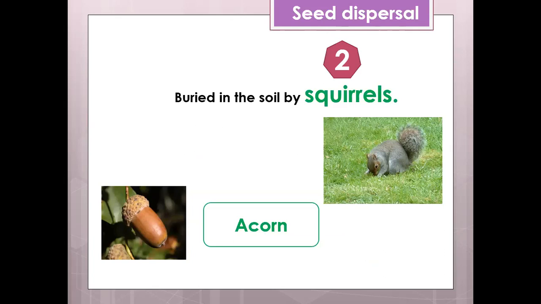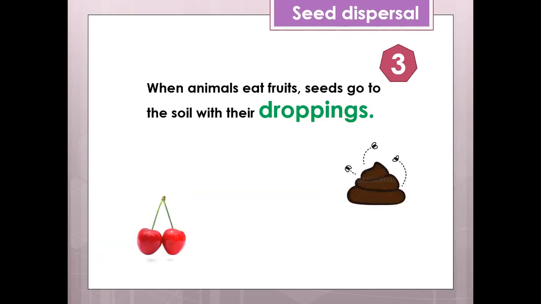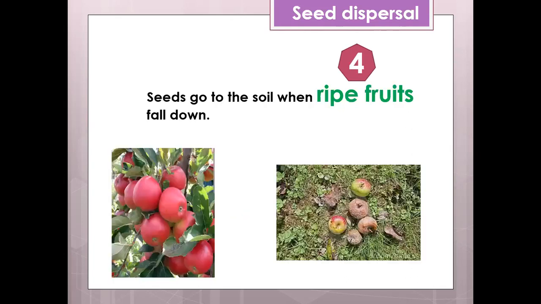The third way is by the droppings of the animals. How? When the animals, for example, eat the cherry, what happens? They eat the whole fruit, and then the seeds of the cherry go down into the soil through their droppings, when they make toilet. The fourth way is by the ripe fruits. For example, the apple, when it becomes fully ripe, what happens?